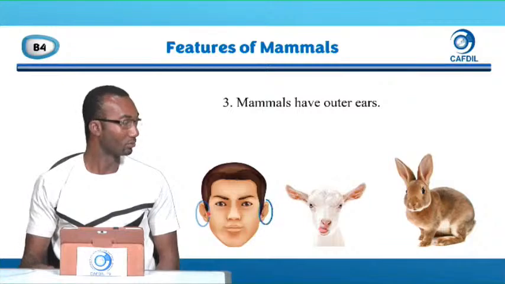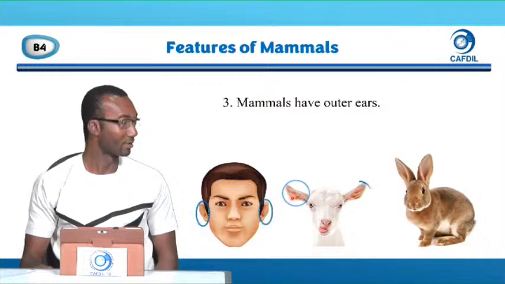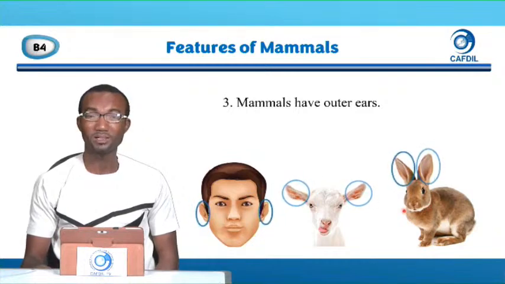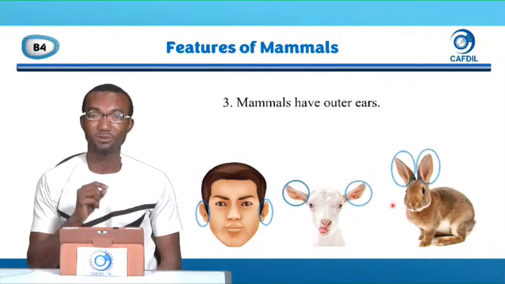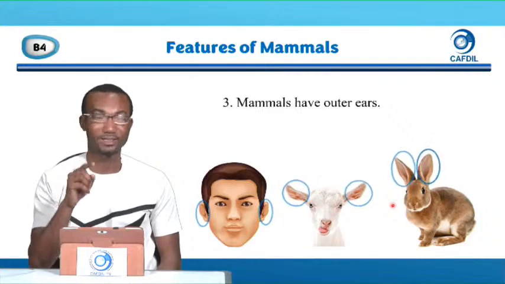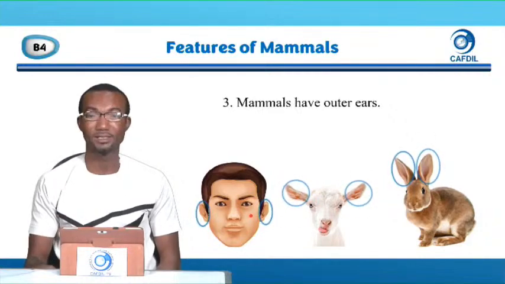There are 2. If you look at this goat too, this goat has outer ears, 1, 2. If you look at this rabbit too, this rabbit has outer ears, 1, 2. So mammals have outer ears. When we talked about birds, birds do not have ears like this. They do not have outer ears.